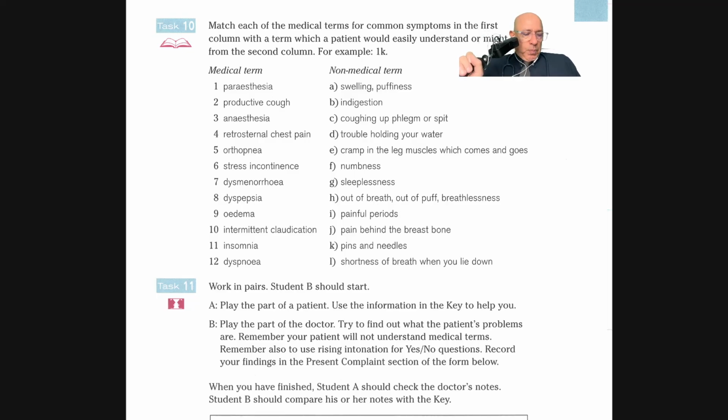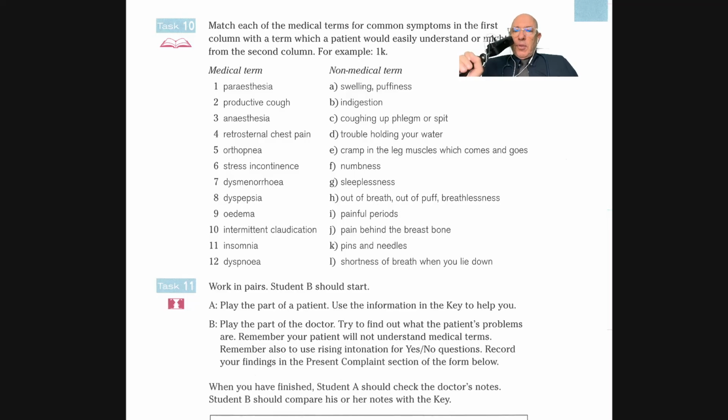Orthopnea. 5, shortness of breath when you lie down. 6, stress incontinence. The best answer would be D, trouble holding your water. 7, dysmenorrhea. Best answer would be I, painful periods. Dyspepsia. 8, corresponds with indigestion, 2 pronunciations.